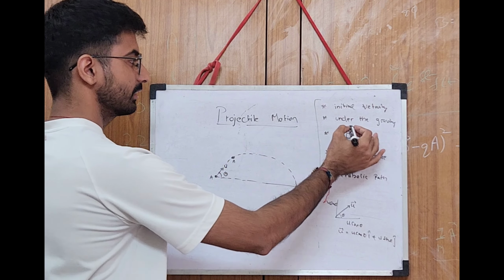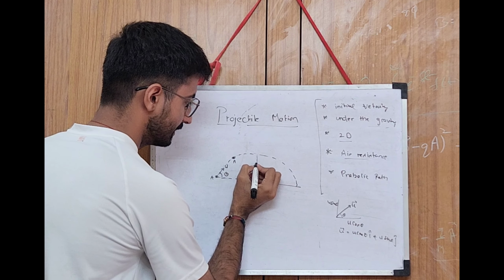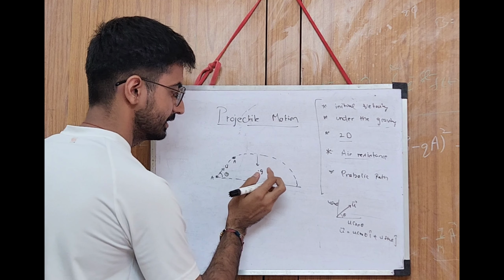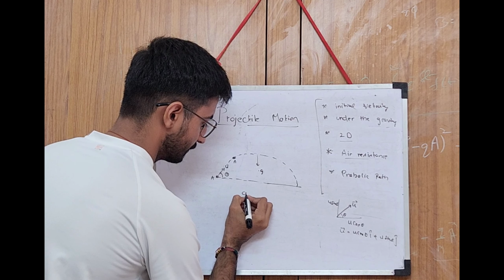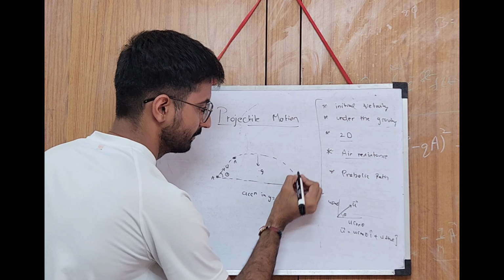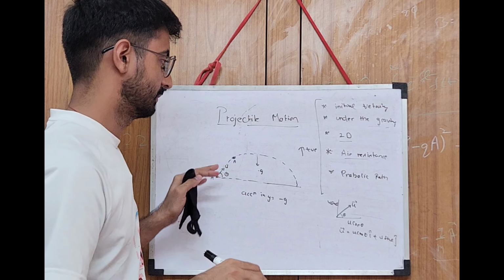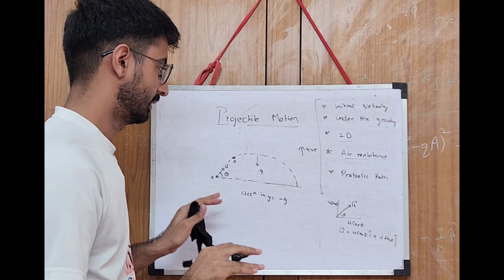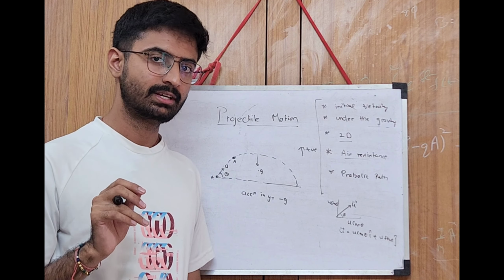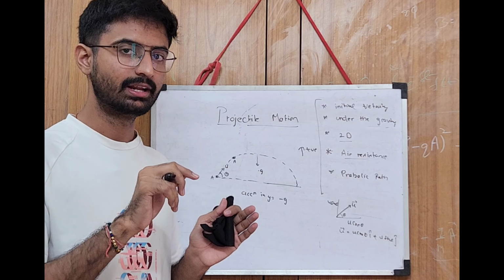And we know our motion is under gravity, so we only have acceleration in the y direction, that is acceleration due to gravity. So acceleration in y is minus g. We are taking upward as positive. We can take anything as positive, but we have to stick to it. Velocity changes only when there is acceleration in that particular direction.